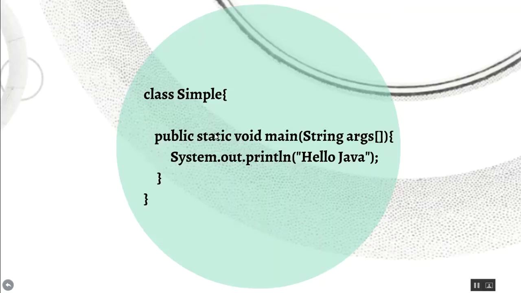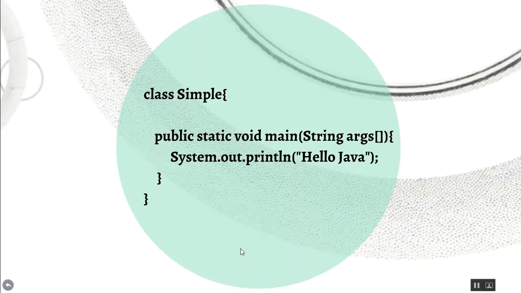Then static is a keyword, and we can declare any method as static, and that method is known as a static method. Currently our main method is a static method, and the core advantage of a static method is that we don't need to create an object for executing or calling this main method. Then the question arises: why do we need an object in Java?